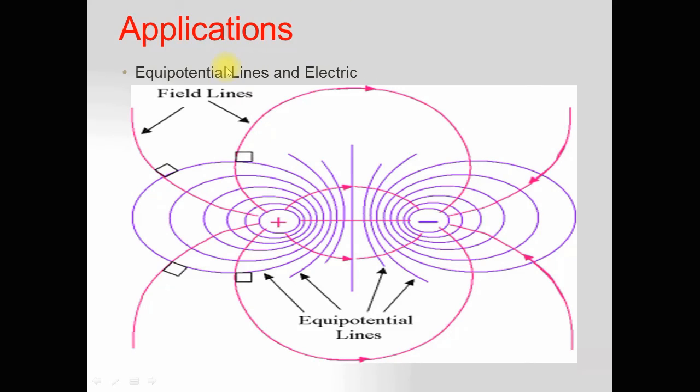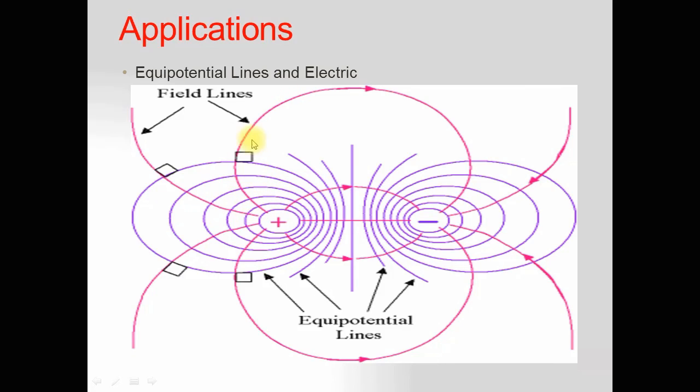Now some applications of orthogonal trajectories. Equipotential lines and electric field lines: the red color represents the field lines, and all these curves represent the equipotential lines. So dear students, note that these field lines intersect the equipotential lines at a 90 degree angle.